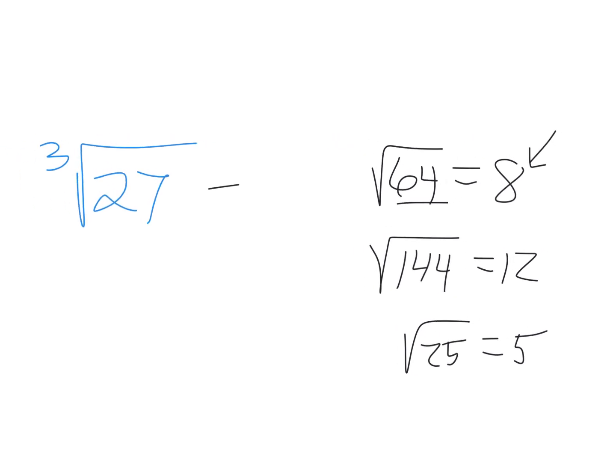Well, this is kind of like that, but it's something times itself 3 times gives you 27. So is it 9? No. Because 9 times 9 times 9 would be way too big. What is it? 3. Very good. Because 3 times 3 times 3 makes 27.